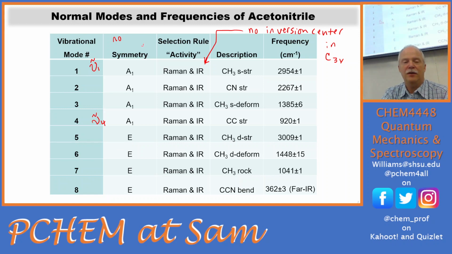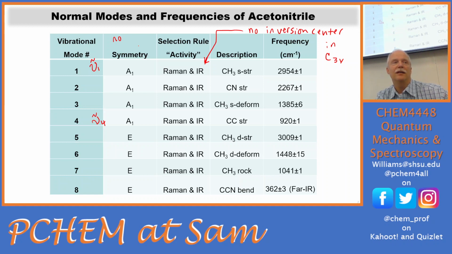So you have to look it up. If you want to know the historical numbering for acetonitrile, or a given molecule, you actually have to see if it's been assigned in the literature. If it's been assigned in the literature, then you should use the assignment that has been published. So that way everybody's talking about the same labeling scheme.